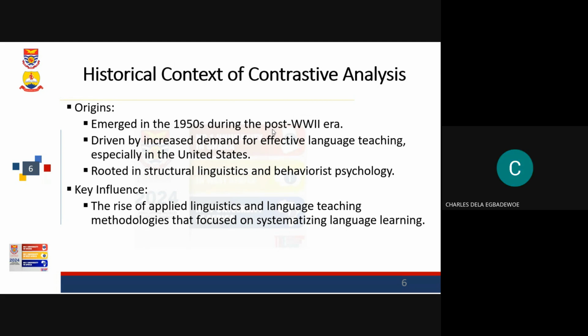In fact, the reason why this has to come after the World War II is that after the World War there was a supremacy from the colonial masters, for which people need to learn their language.